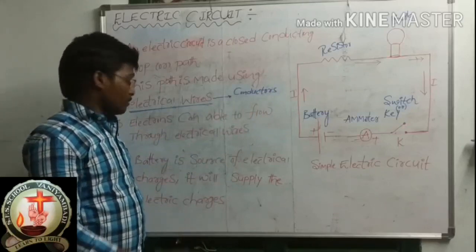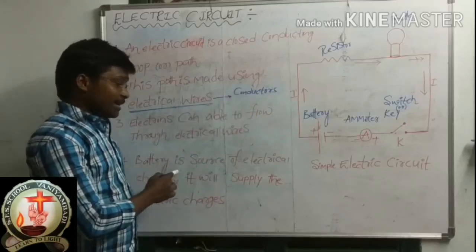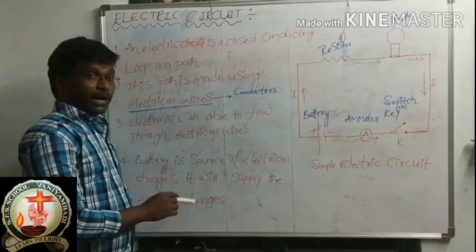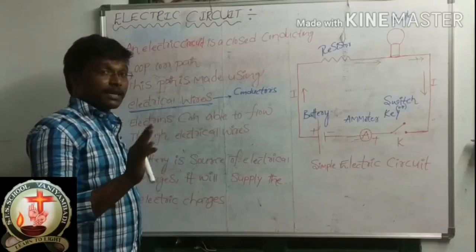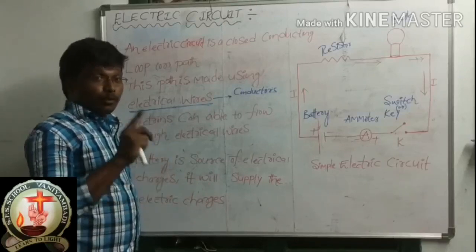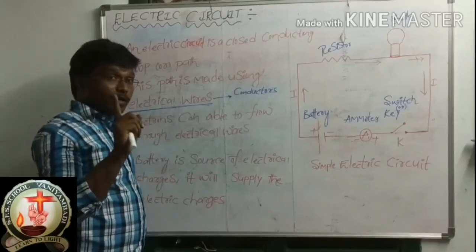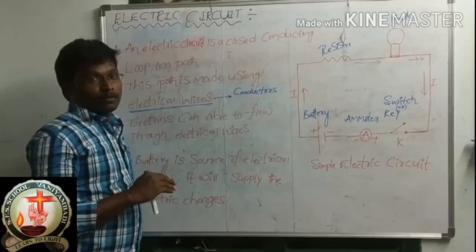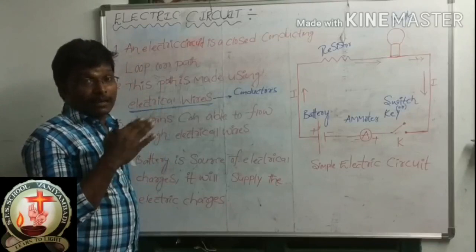Okay. Now, the fourth point: the battery is a source of electrical charges. I told you already the meaning of source. Creator, correct?